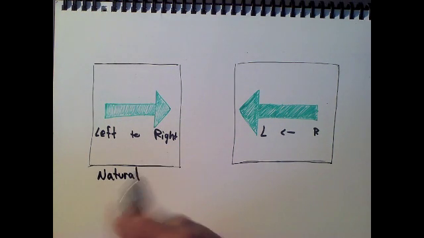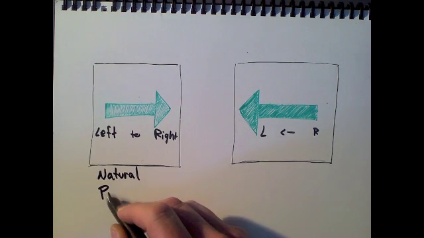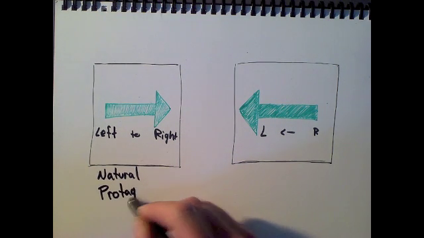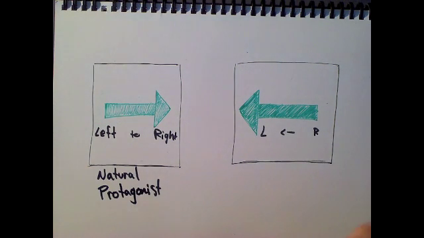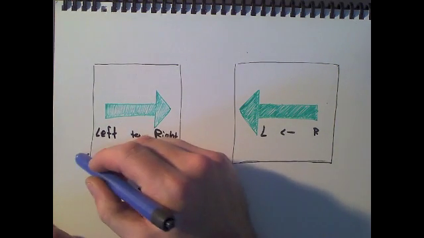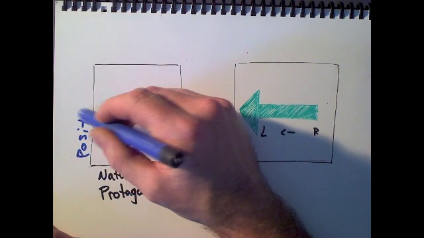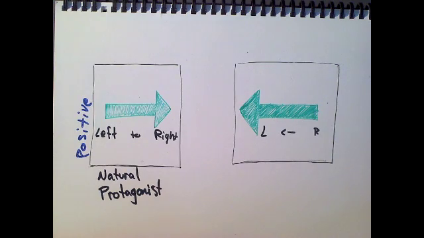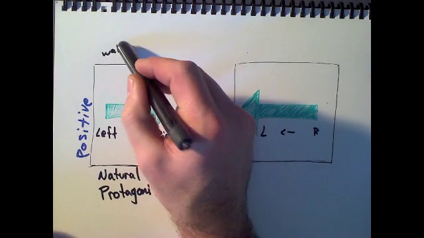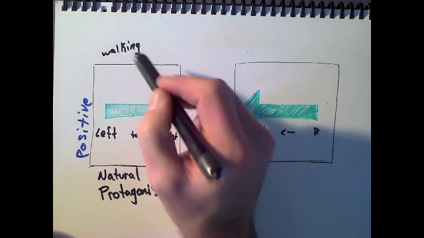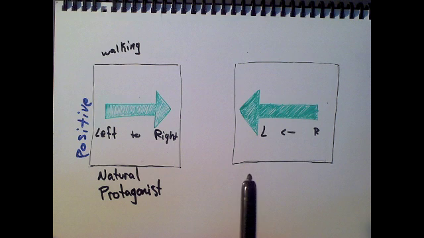It feels natural to the audience, and often it is a direction in which our protagonist will travel. It overall is a positive movement, whether somebody is walking in this direction, running, looking, any movement that goes from left to right.